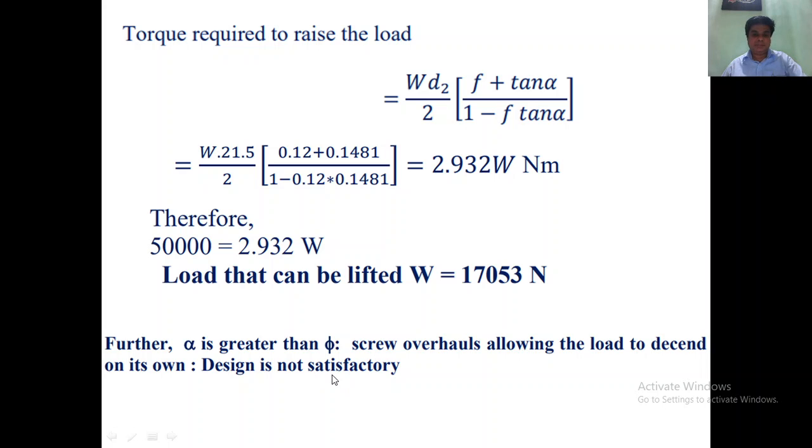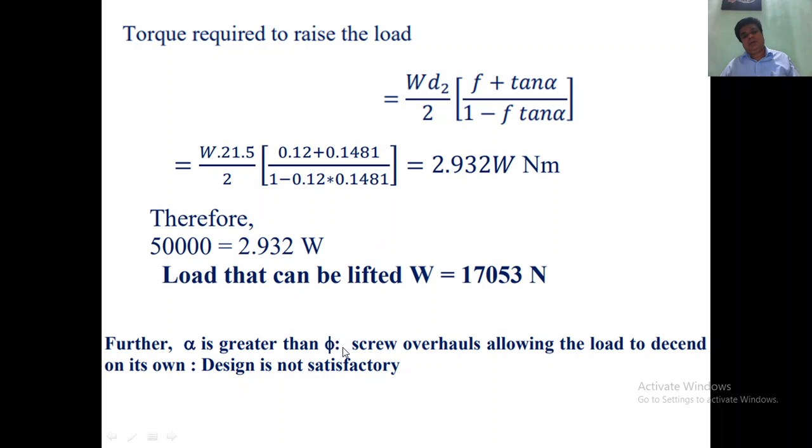This is because the helix angle alpha is greater than the friction angle phi, since the friction angle is based on friction. The friction is not enough to hold that load, so it is less than the helix angle. So there will be overhauling: the weight will come down by itself and the screw starts rotating.